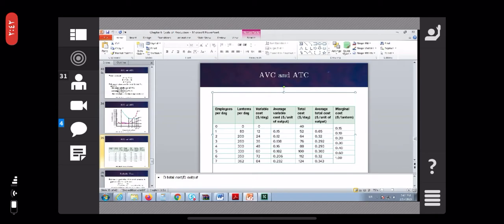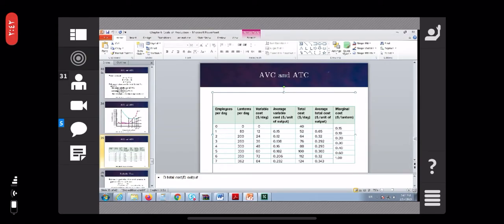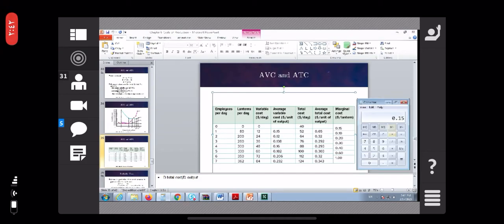If you divide 12 by 80, it will give me 0.15, which is the average. If you divide 24 by 200, it will give me 0.12. This is the average variable cost.